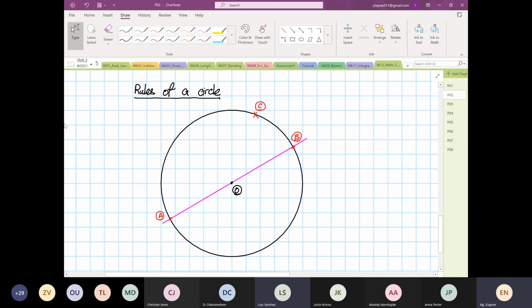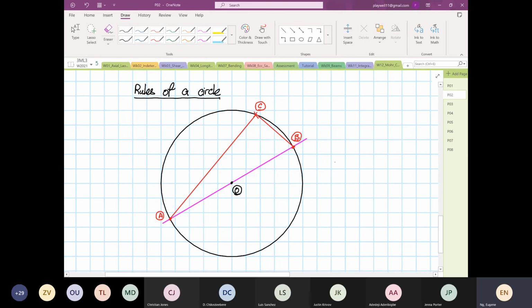So from here, what we are going to do now is join point A to point C. And then we're going to join point C to point B. We should do a better joining, this is not a very good joining.